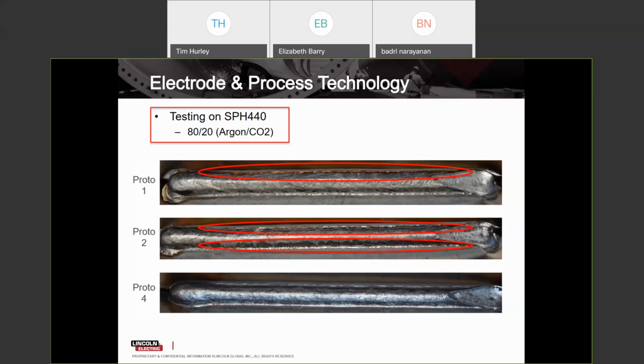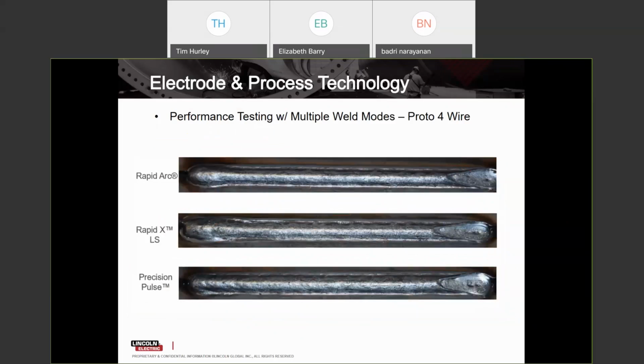Now, prototype 4, if you look at it, performed much better than 1 and 2, and had a very nice appearance from a silicate island formation on this particular base material with this particular shielding gas, which was required by the customer. So it gave us an indication of the complexity of electrode design, which was tied to not only the procedures, not only the waveforms, but also to the base material.